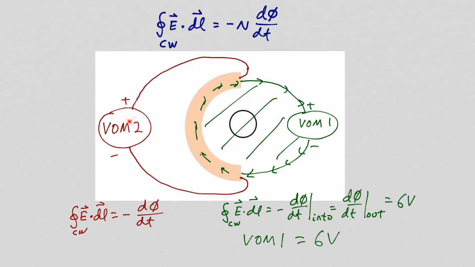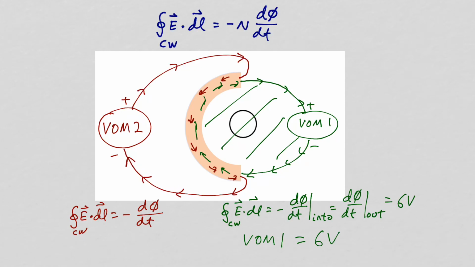Let's attach a second voltmeter to the same points on the ring, but position it to the left of the ring, and again the voltmeter, leads, and half ring will all be in the same plane. Our path of integration will again be clockwise. We'll go through the lower lead, through the voltmeter, through the upper lead, and through the half ring conductor.